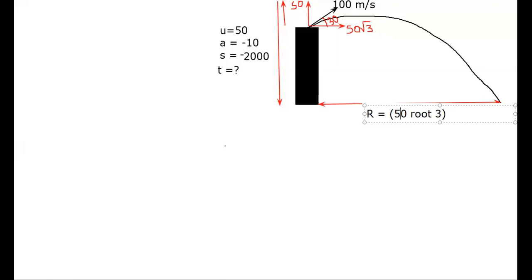So speed into time, you will get your answer. See, it's very simple. Even this method you can apply directly. Just get the total time it takes to reach the ground, and since horizontal motion is uniform motion, I can directly apply 50 root 3 into time to get the final displacement answer.